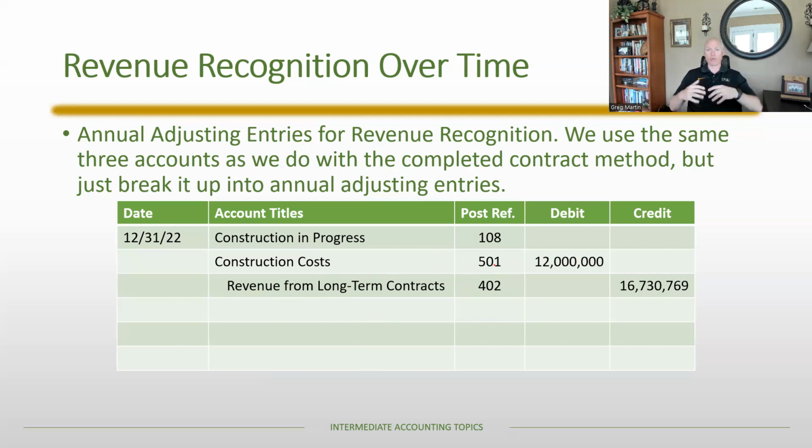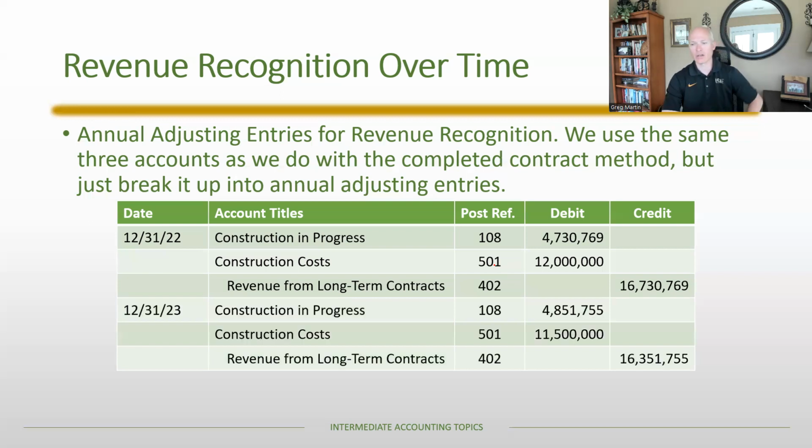We knew their cost to date. We're recognizing all those costs as an expense because that's the basis of our revenue. So we're matching the cost to date as an expense to the revenue that we recognize. And then the difference is the profit for the year, and that gets thrown into our CIP account. So again, we accumulate in the CIP account costs plus profits. And so our profits in 2022 was 4.7 million.